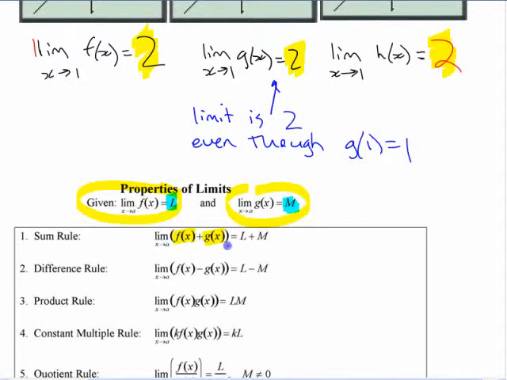The limit of a sum equals the sum of the limits. Think about the words and it makes sense.